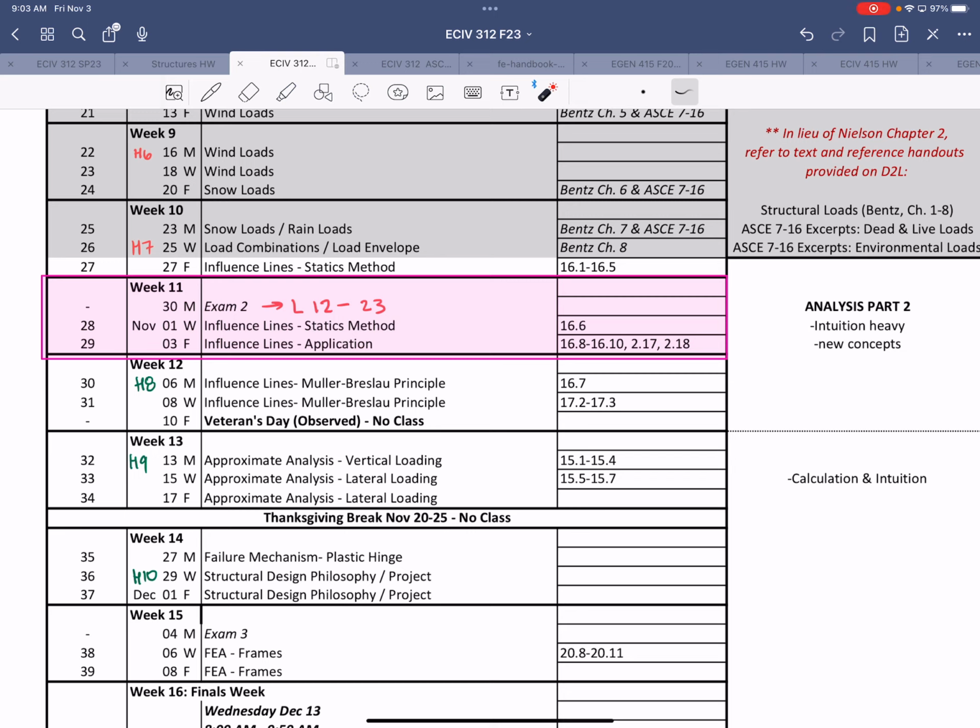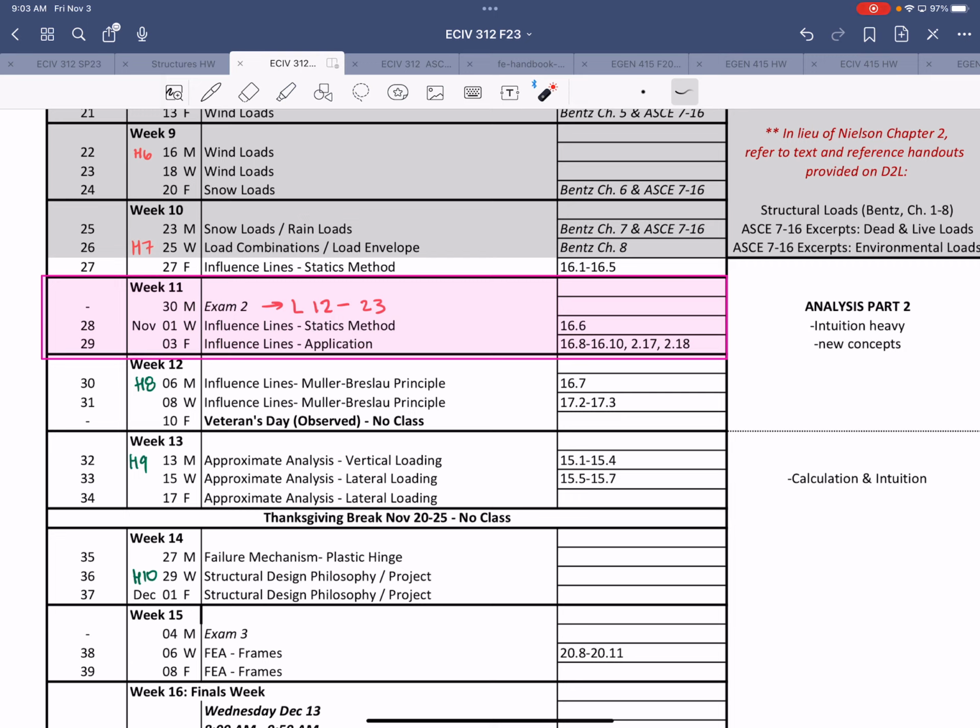And section 9 will demonstrate the application of influence lines with distributed loads, okay? We'll talk about both of those in this lecture today as well. And then section 10 is about how to find the maximum loading effects using influence lines.